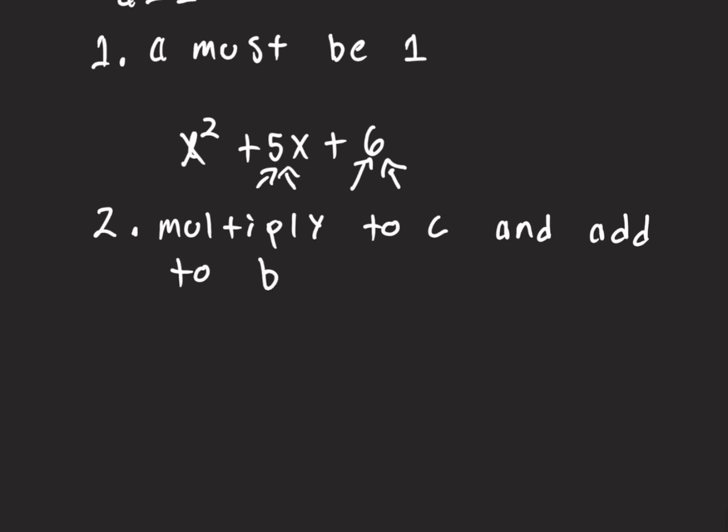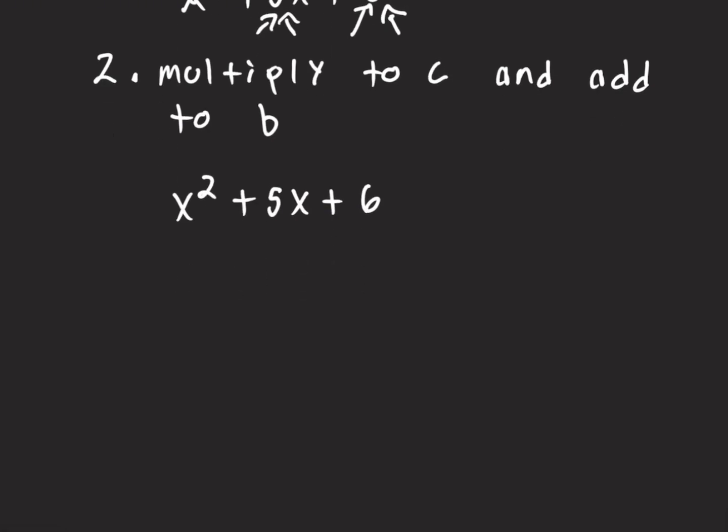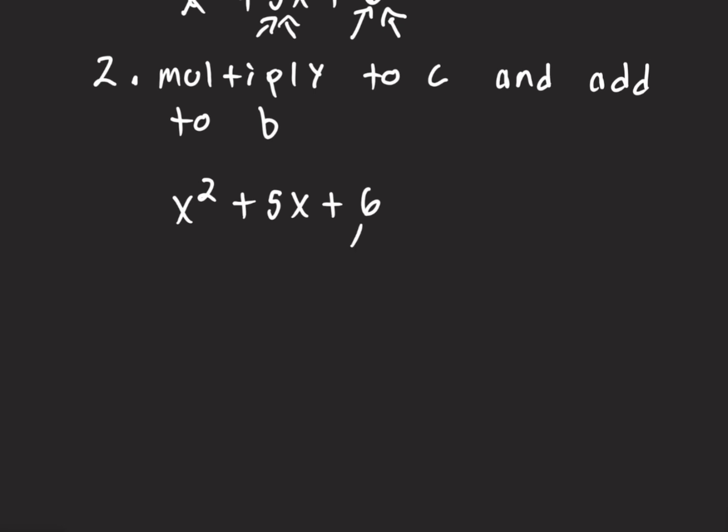Okay? So in this case, what do we think this would be? So let's go through some options here. If we have x squared plus 5x plus 6, well, what can multiply to 6? Well, 2 and 3 can multiply to 6, or 6 and 1 can multiply to 6. So if we think about this now, these numbers need to also add to 5.